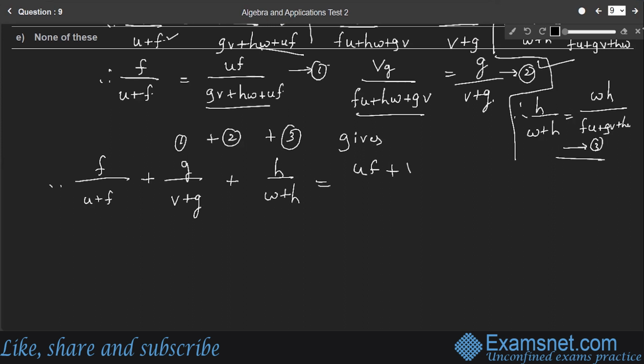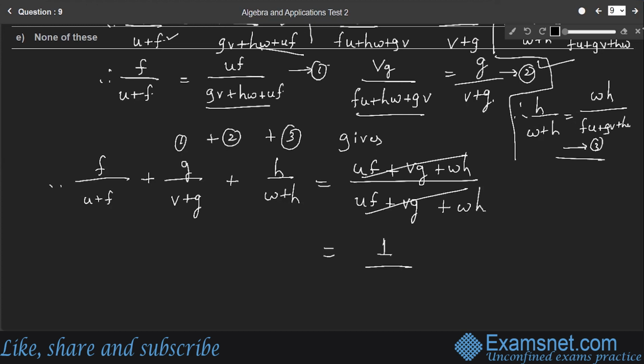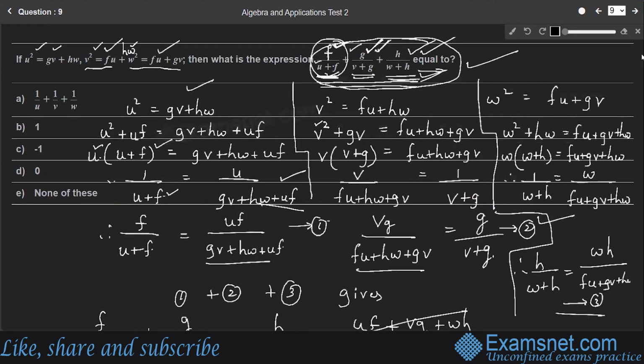So uf plus vg plus wh divided by, again same, fu or uf, both are same, uf plus vg plus wh. So we can cancel both numerator and denominator. So the answer is 1. The sum of the 3 terms given is equal to 1. So look at the options. Option B is the right answer.